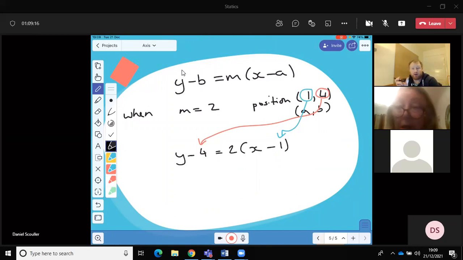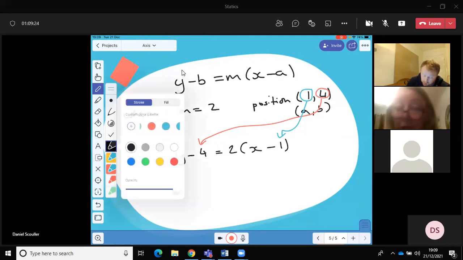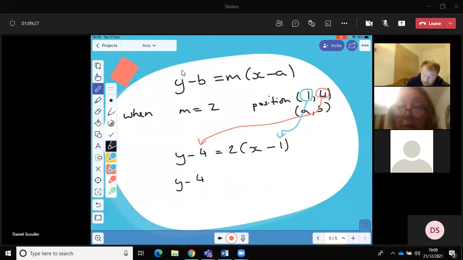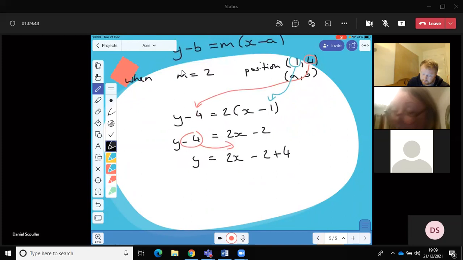The difficult part of this is putting the right numbers in the right position. Breaking that bracket out, 2x minus 2. We want to leave it in the form y equals mx plus c, so we move this 4 across: y equals 2x minus 2 plus 4. Y equals 2x plus 2.